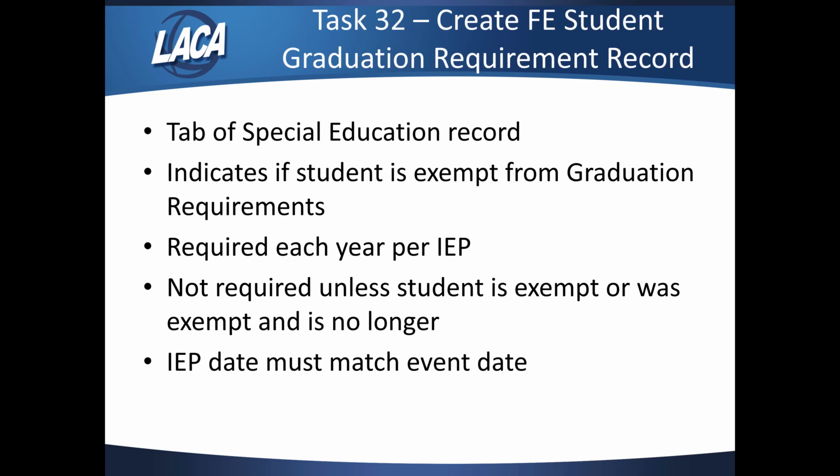It will turn colors other than red if it's valid. If it's invalid, I believe it'll be red. You have to match. It's not required unless the student is exempt or was exempt and is no longer exempt.